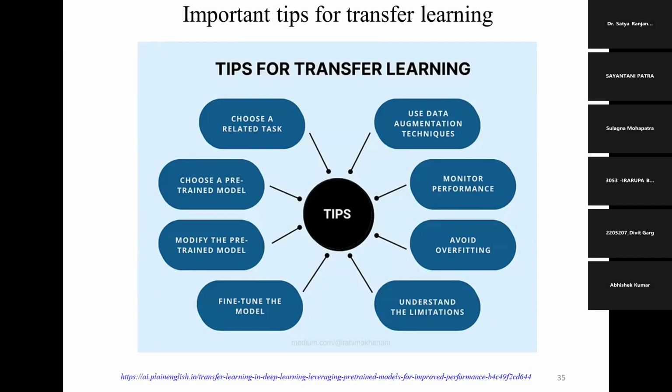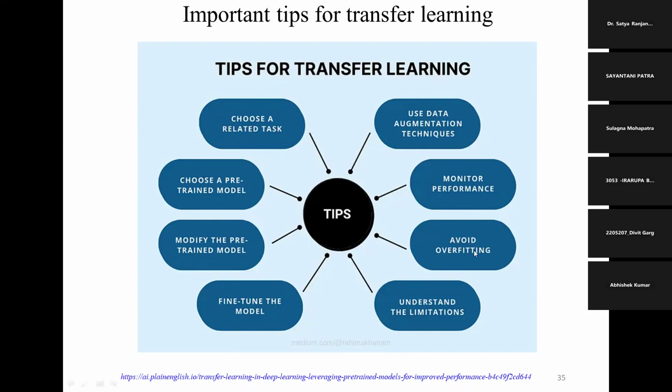Now, tips for transfer learning. First, choose a related task, what type of classification you want to do, and choose a pre-trained model, like VGG16 or ResNet. Modify the pre-trained model, whether partial or full customization, and fine-tune the model. Understand the limitations, because every pre-trained model has some limitations, and avoid overfitting.